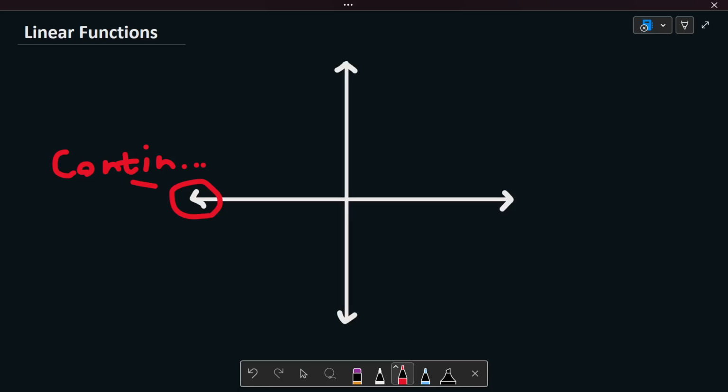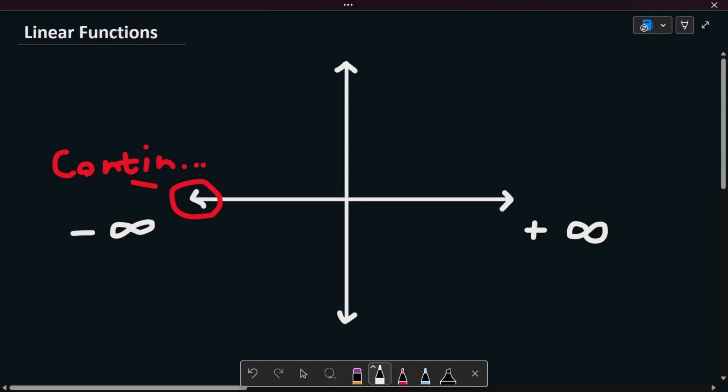The very small number is represented as negative infinity, and the big number as positive infinity. The same goes over here: all the way to negative infinity and all the way to positive infinity.